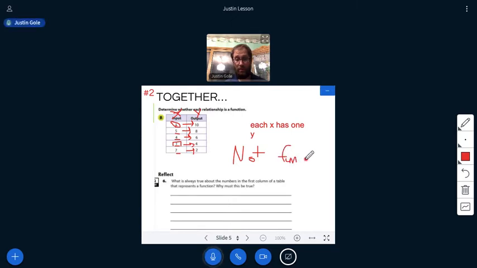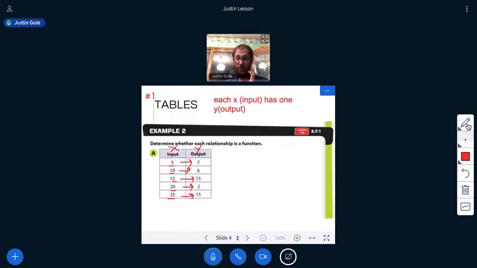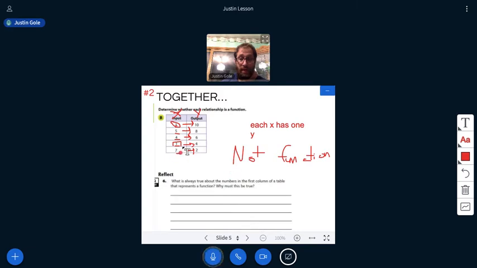We would declare this pretty clearly: not a function. For this other one, we would write function. That would be our answer. For this one, it's not a function because 1 repeats.